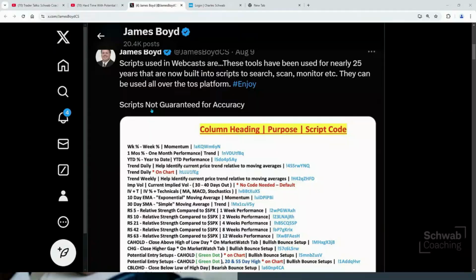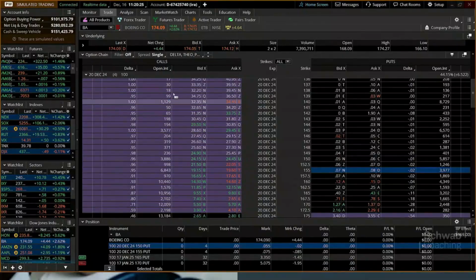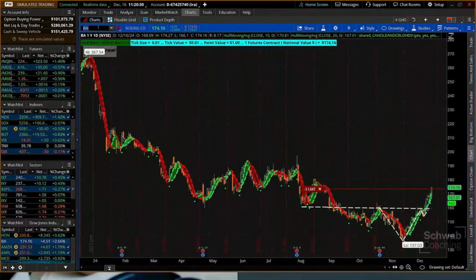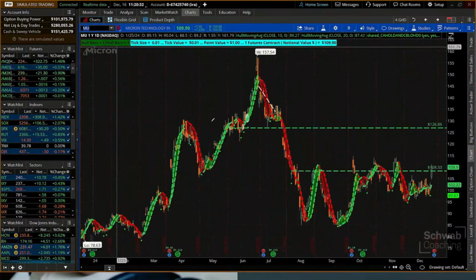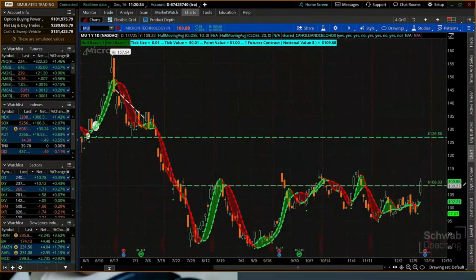Now, I want to go back to the second trade example, just real quick, a good situation that's occurring. Okay, you got MU. Now, I want to talk about channels. I'm going to show an example of a bullish channel and an example of a bearish channel. What's the significance?